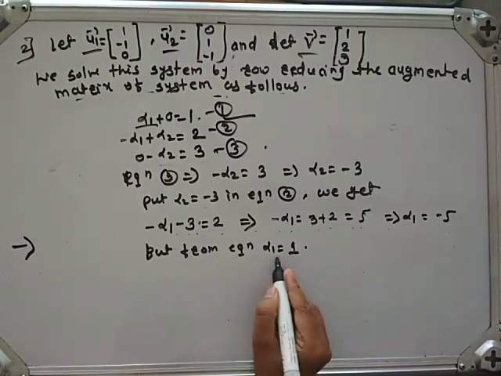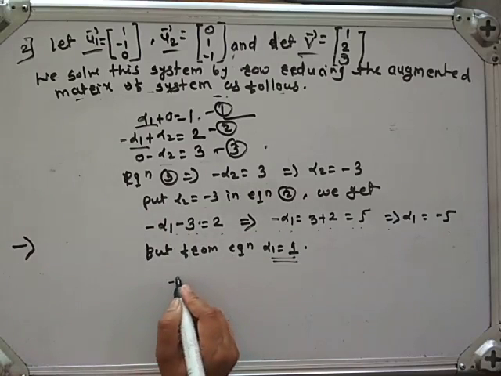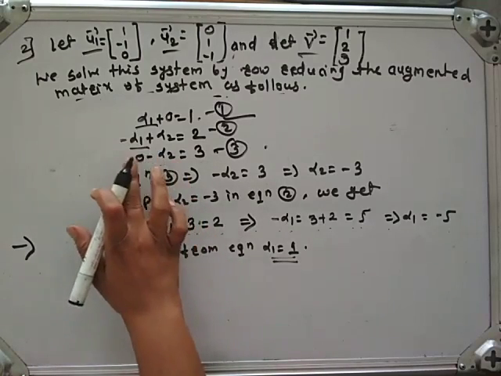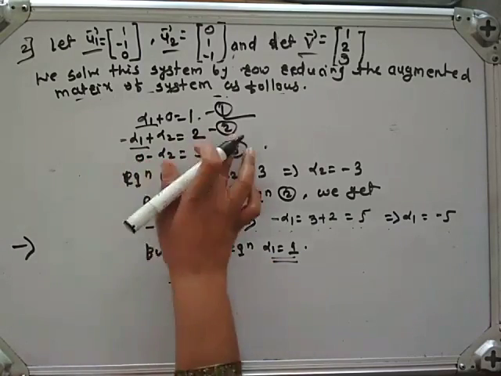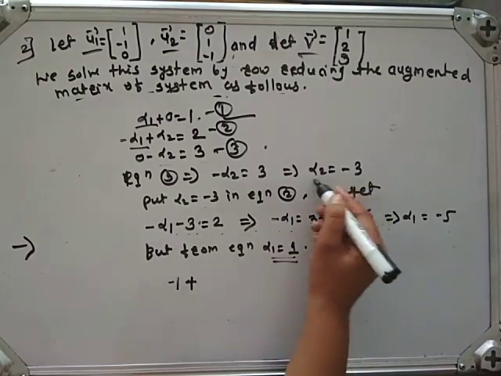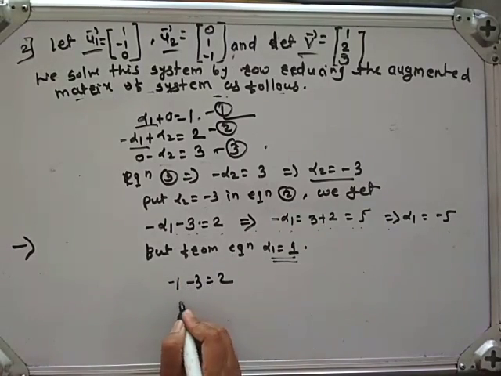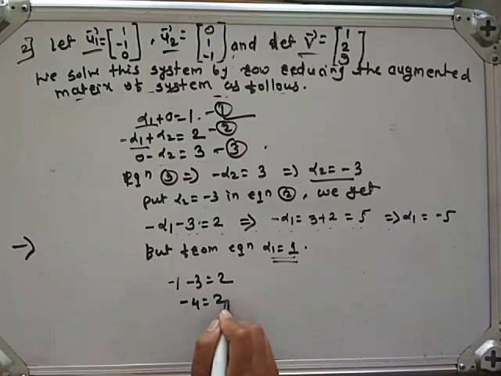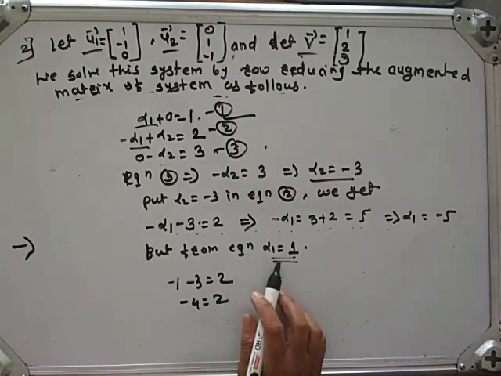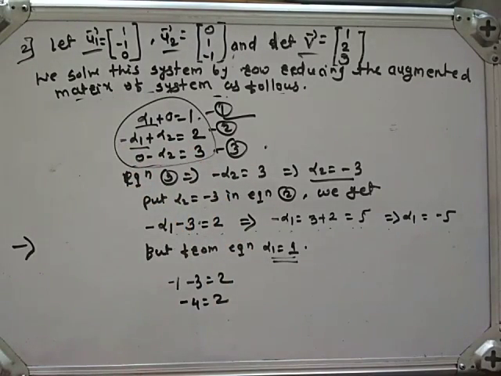If you put the values alpha 1 equal to 1 and alpha 2 equal to minus 3 in equation 2, then we get minus 1 plus alpha 2, that is minus 4, equal to 2, which is false. This means the values of alpha 1 and alpha 2 do not satisfy this system of linear equations.